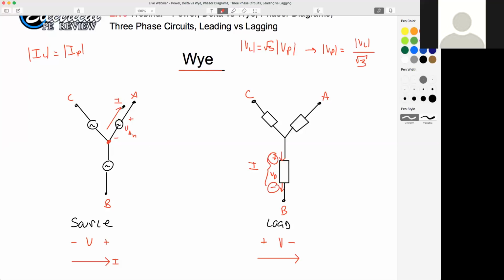The opposite is true for a source. As a voltage is generated from a source, it's going to leave the positive terminal. It's actually going to go in the orientation from negative to positive.